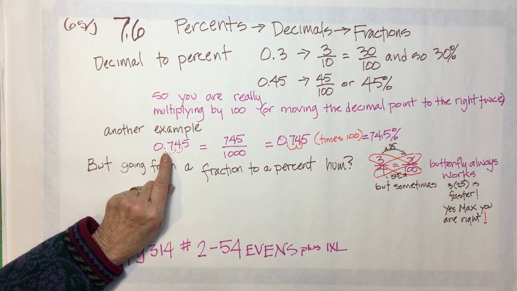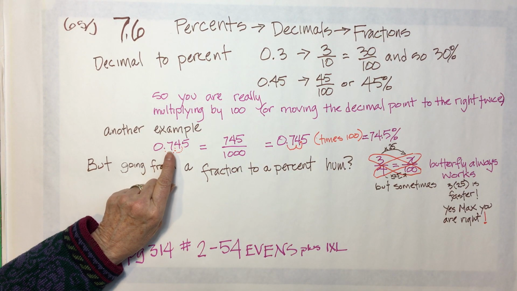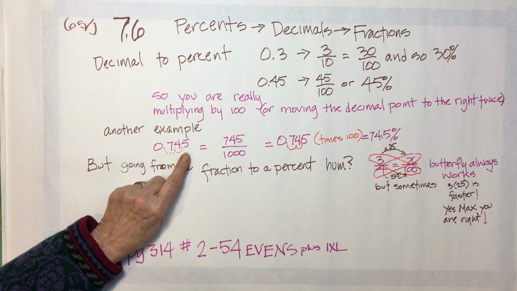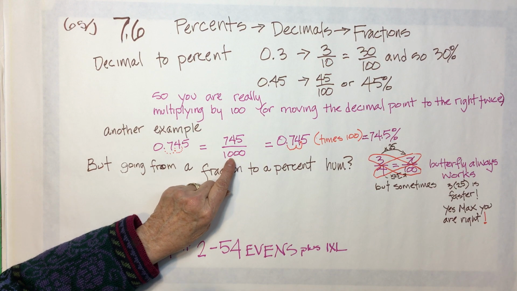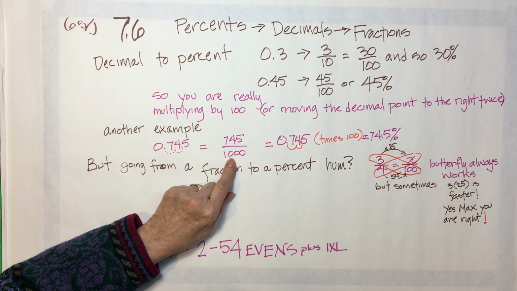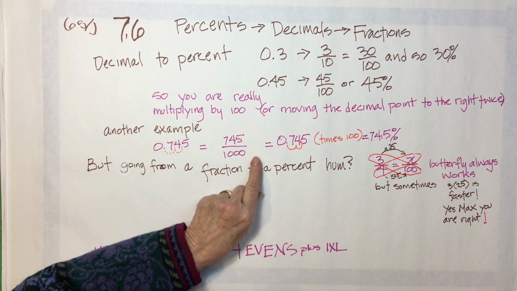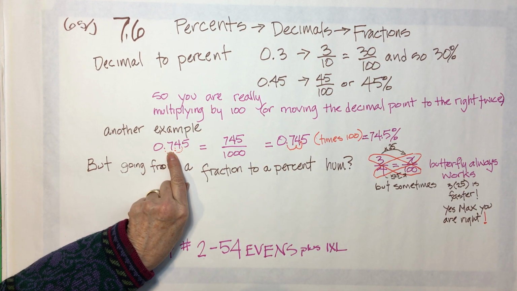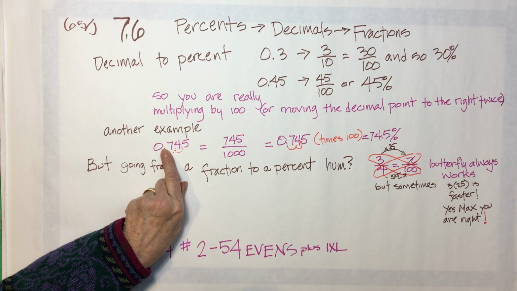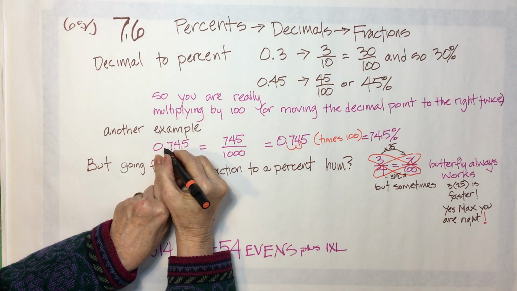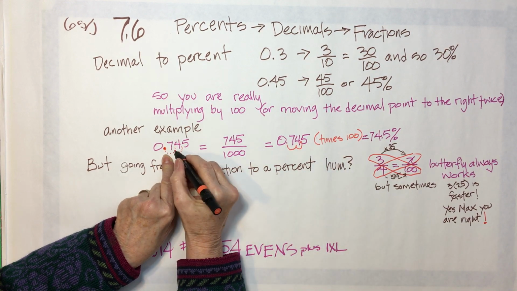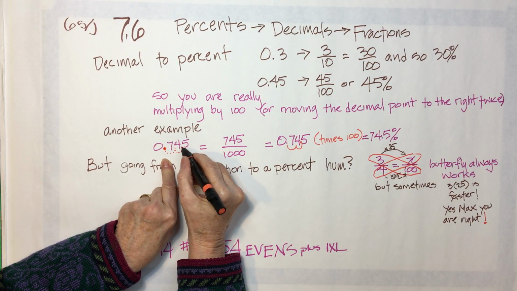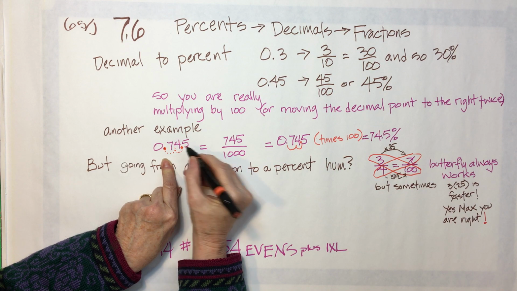Another example, 745 thousandths. There it is as a fraction. I suppose if you wanted to, you could reduce it, but you don't want to. And we're going to take this decimal, move our decimal 2 points to the right, 1, 2, and it ends up here.